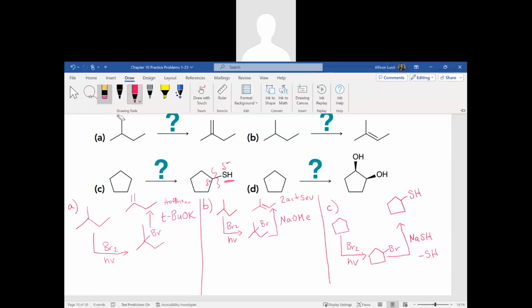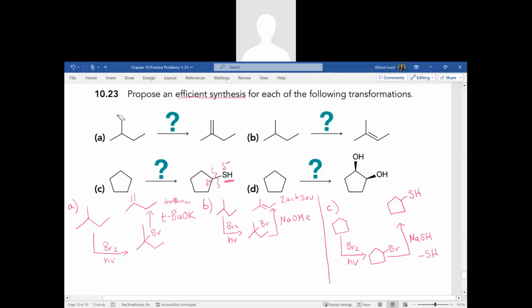So for the last example, let me erase some of these spots here. Let's see if we can squeeze in D down below. For molecule D, we have the same starting material, the cyclopentane, but now we want to end up with a diol, a cis diol product specifically.